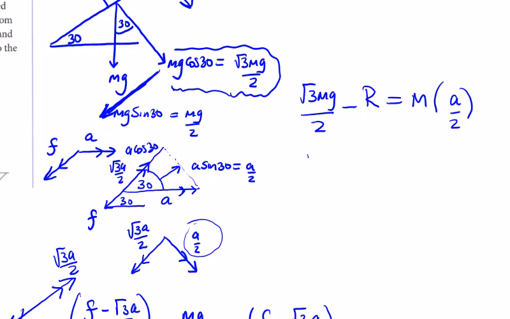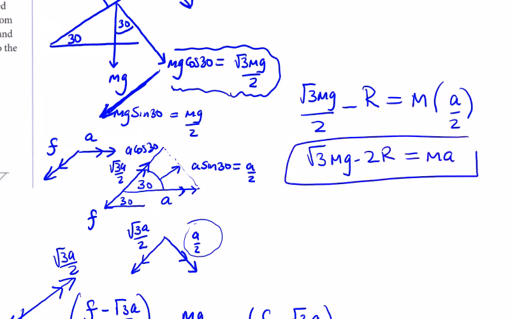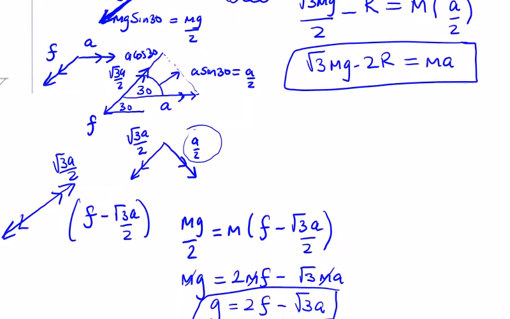Multiplying by 2, I get root 3mg minus 2R is equal to ma. So I have two equations for my particle.